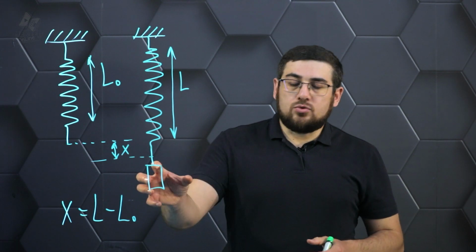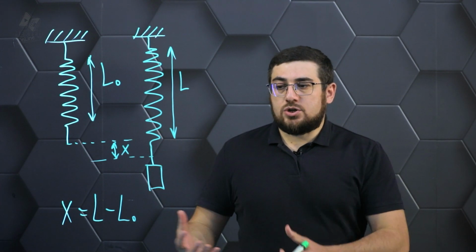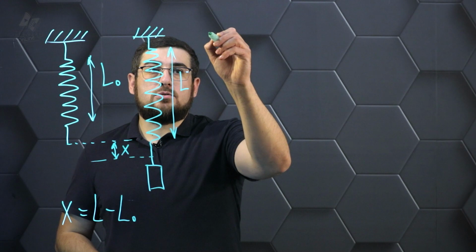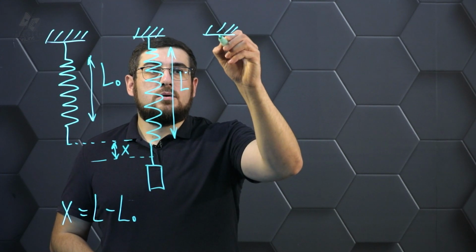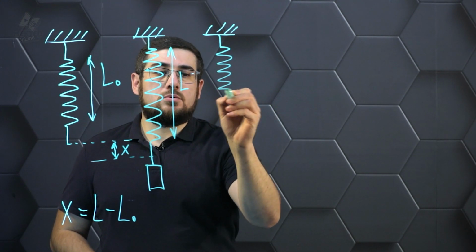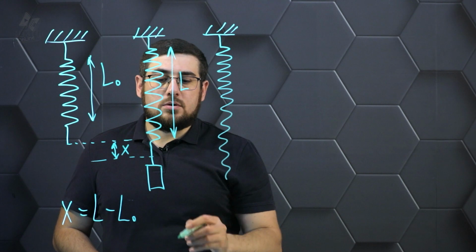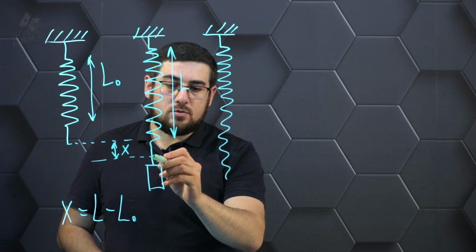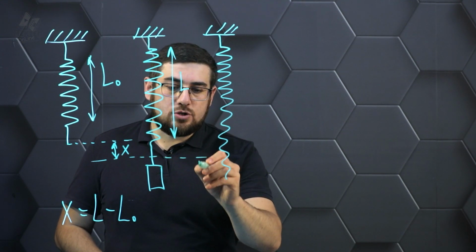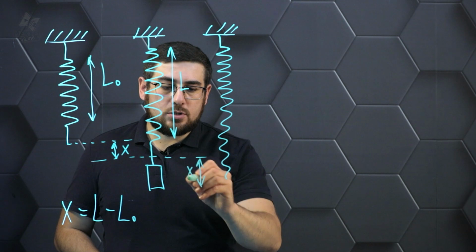If we double the action exerted on this spring, what happens? If we now hang two such weights, we get an increase of twice the value x in the length of this spring.